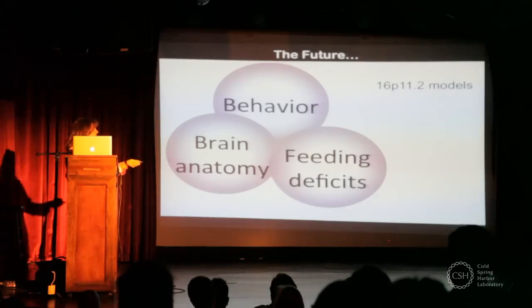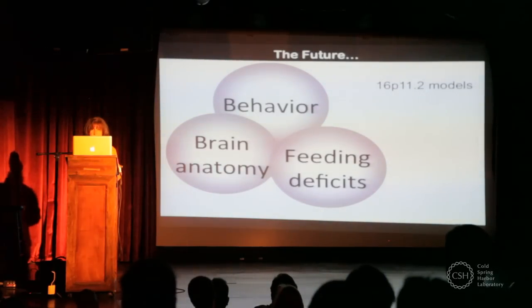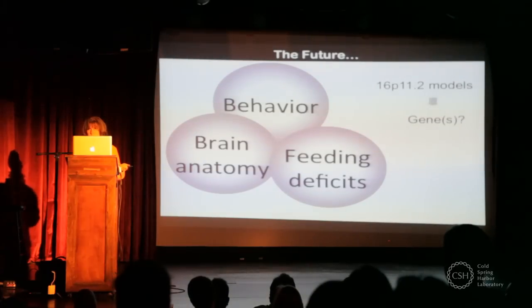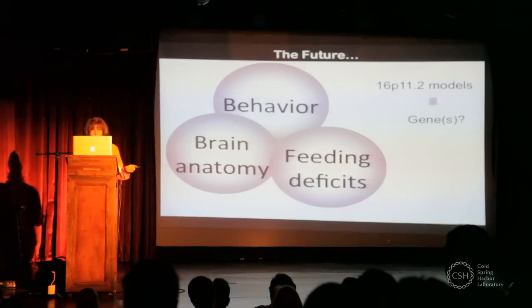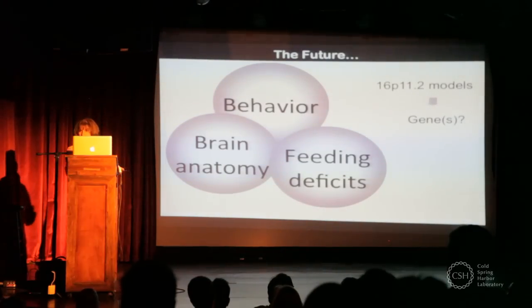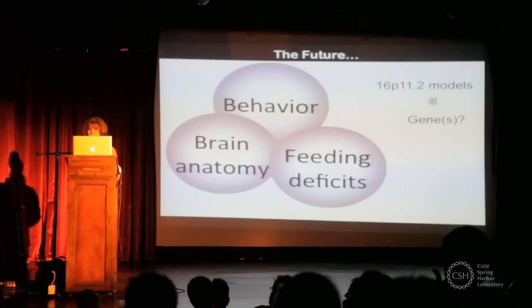But I mentioned we have these amazing models of increased and decreased dosage of 27 genes. So what is the gene? Is it a single gene? Is it 20 genes? We have no idea right now. It could be that getting rid of a group of genes is important, and it might be very different from our cancer study where a single gene ended up being the culprit. So we'd really like to pinpoint the gene or genes responsible.